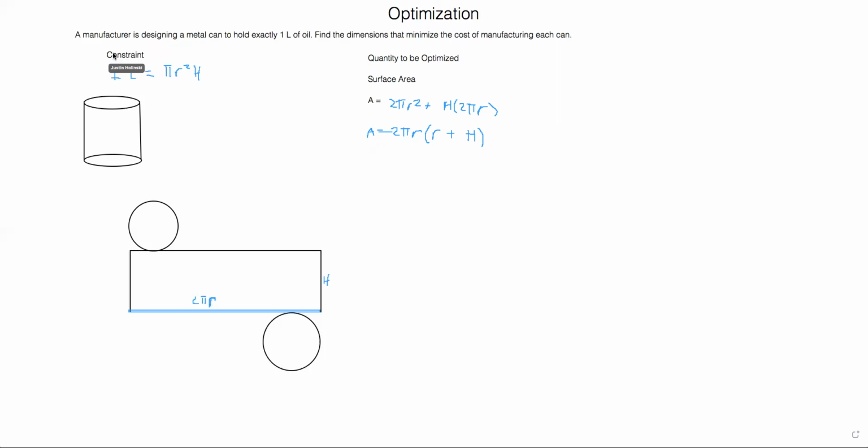This is kind of tricky though, because the constraint is a volume and our quantity is going to be an area. So we might want to convert the liters we have into something that translates nicely between volume and area. How about we convert this into cubic centimeters? A liter is equal to 1,000 cubic centimeters.